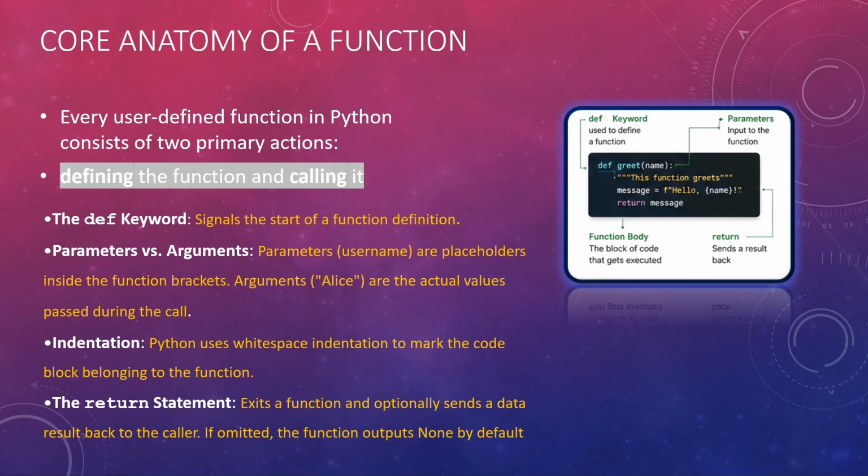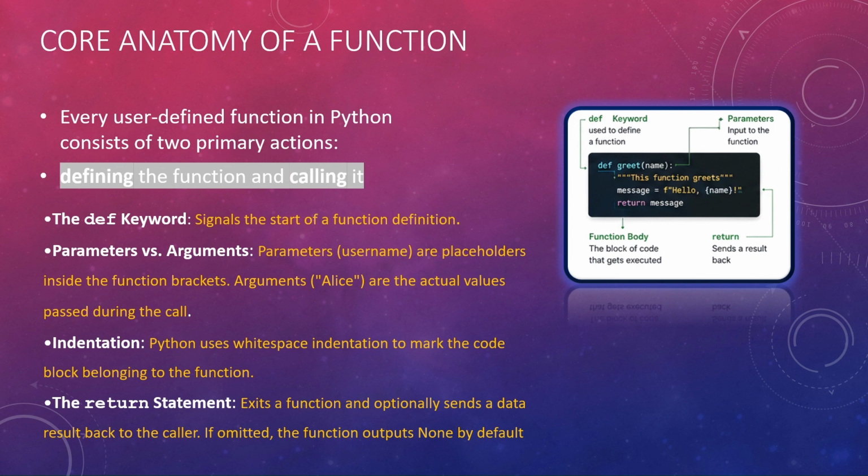So first thing we need to use is the def keyword, as shown here, def. The keyword signals that the function definition has started. This greet is the name of the function. That means whatever is the set of statements that you are executing, according to that you will give a specific name to it, right?